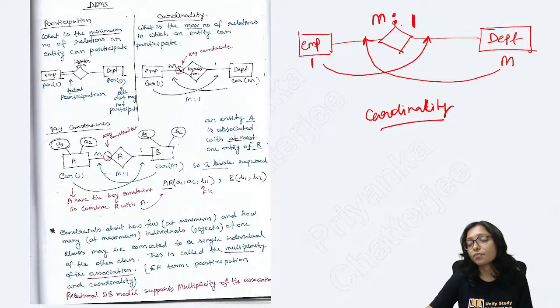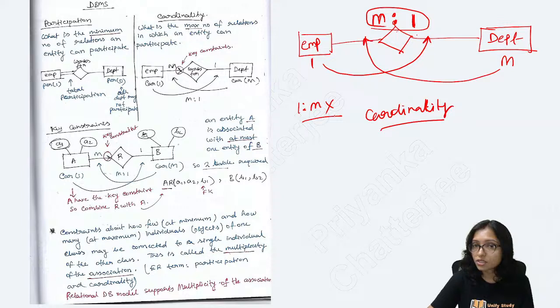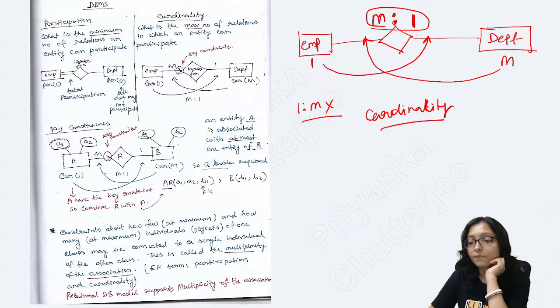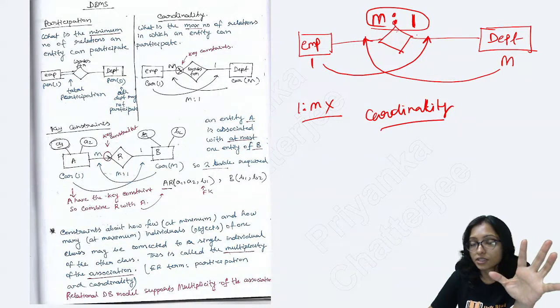It is very important. Don't make this mistake. Always remember 1 is going this side and M is coming this side. That's why the relation is M is to 1. Don't say that the key relation is 1 is to M. If you are writing 1 is to M, that is wrong. Don't do that.